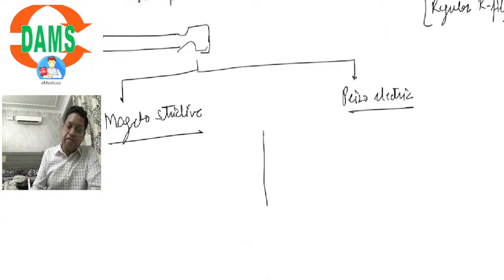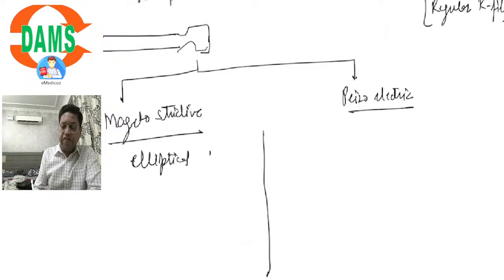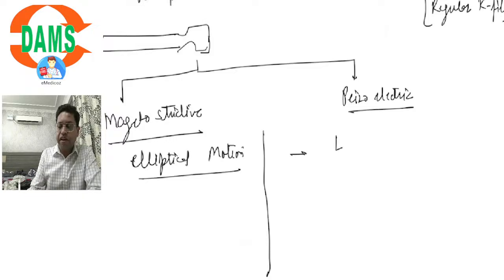If we look at the important differences between the two types of these ultrasonic handpieces, magnetostrictive have elliptical motion. On the other hand, piezoelectric have got linear motion.